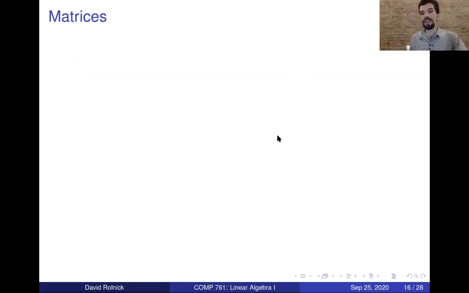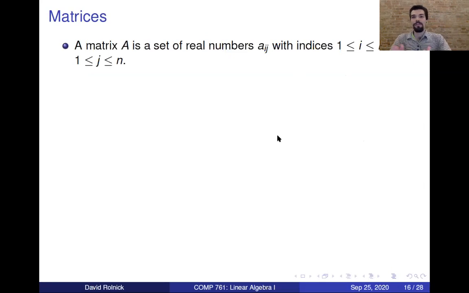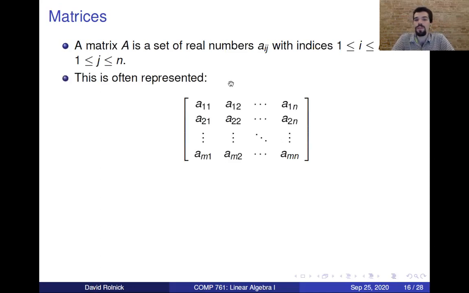Okay, now we've taken a look at vectors for a while. Let's look at matrices. A matrix is a set of real numbers, which you can index by indices between 1 and m and indices between 1 and n. This is often represented as a set of rows and columns.